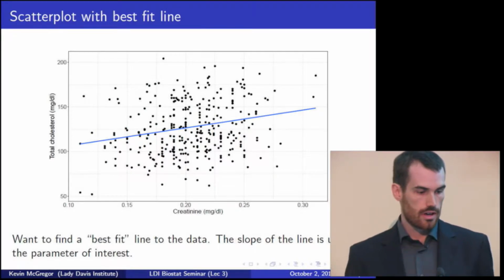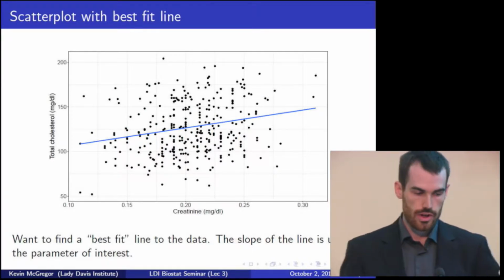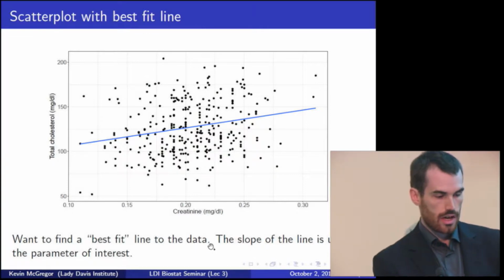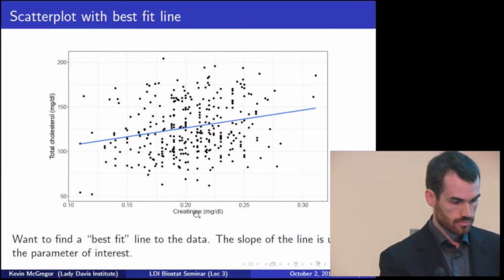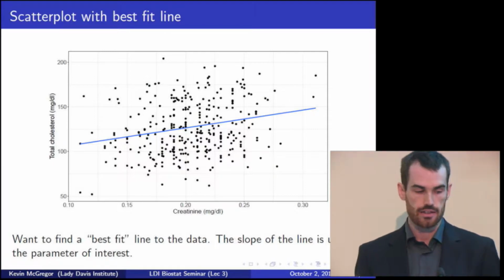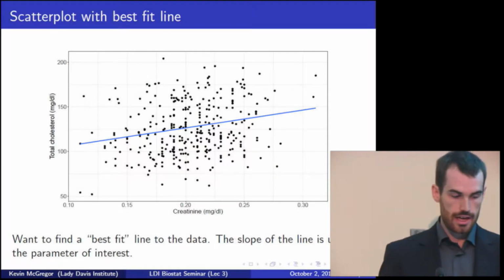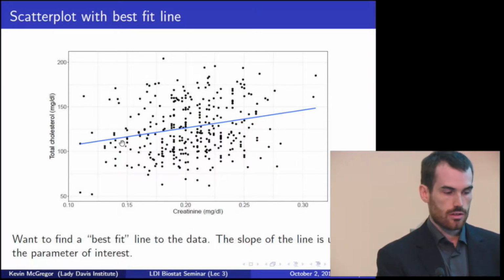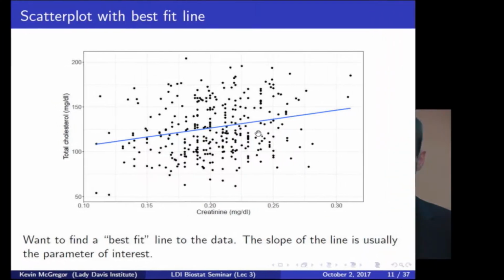So here's sort of a visual of what linear regression is doing back in our IMPC data set. So we want to try and find a best fit line to this data. And the parameter of interest in linear regression is going to be the slope of this best fit line.